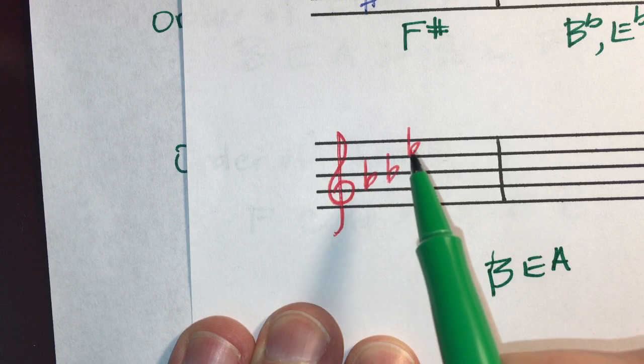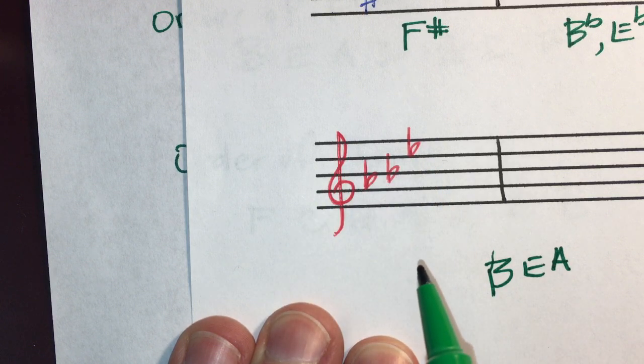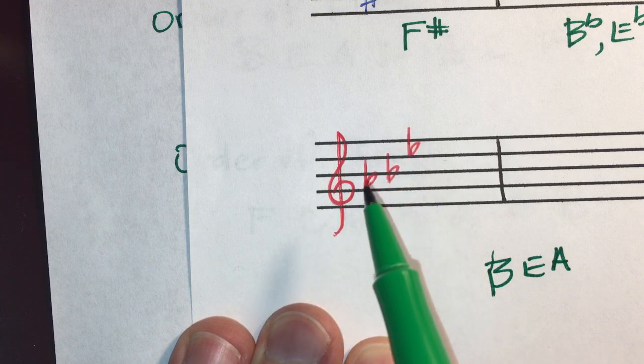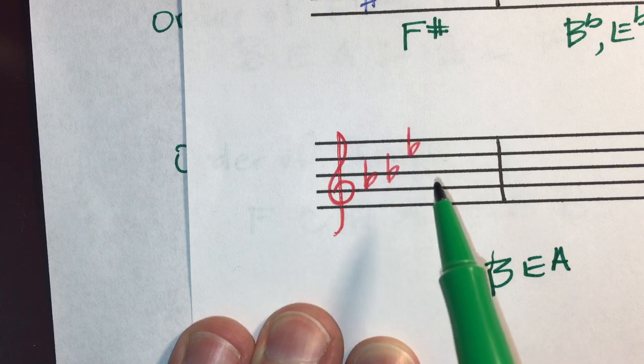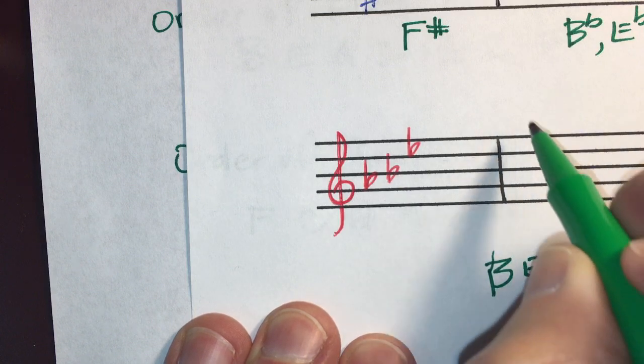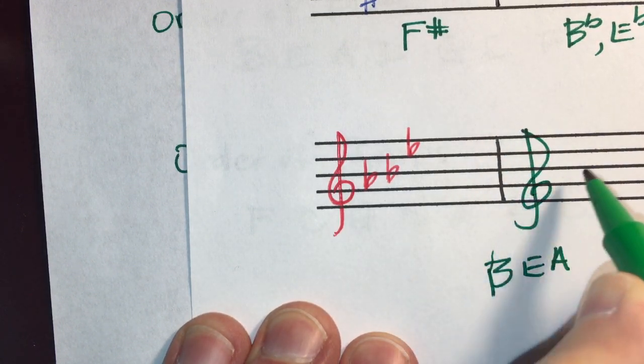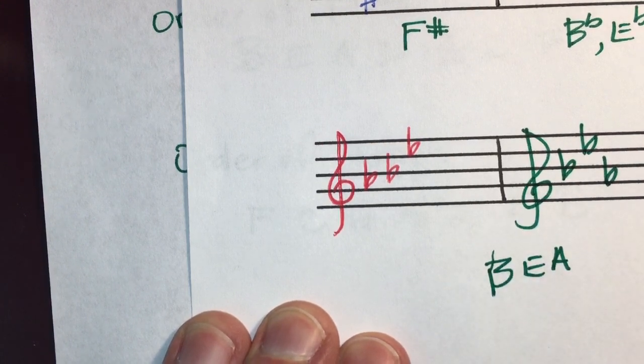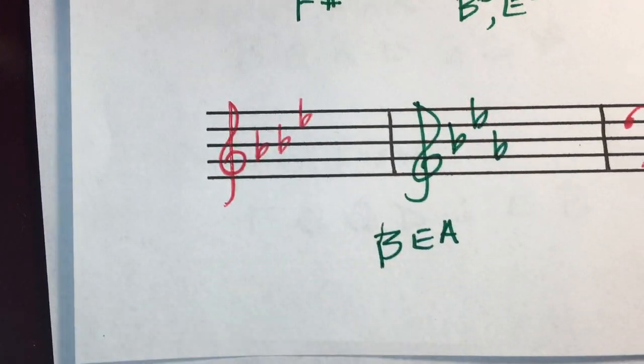Well, I have a B and an E and an A flat in my key signature. The thing that's wrong with this is the A should be on this side. They have to be in the exact same order that you say them. B flat, E flat, and A flat would be correct.